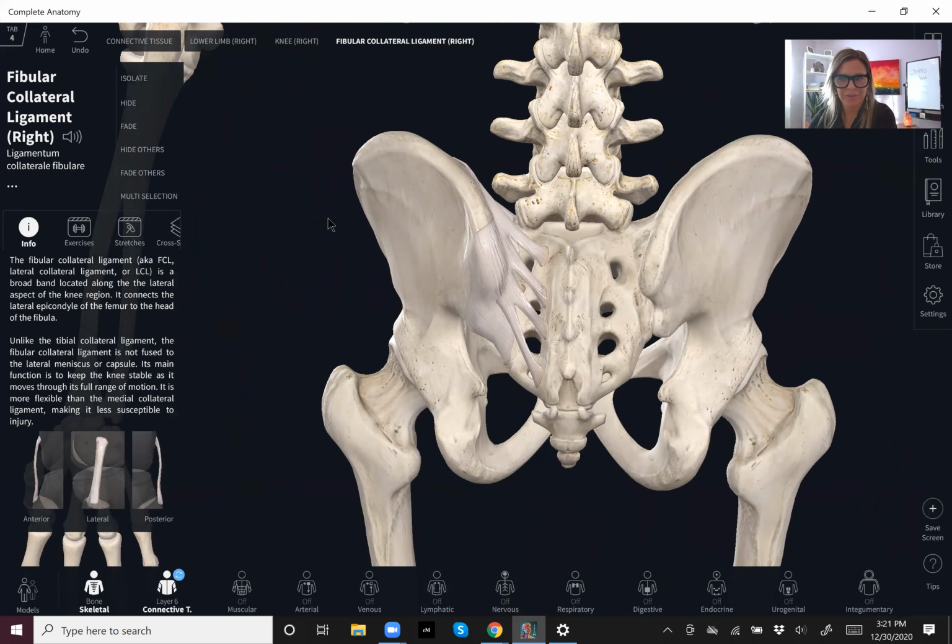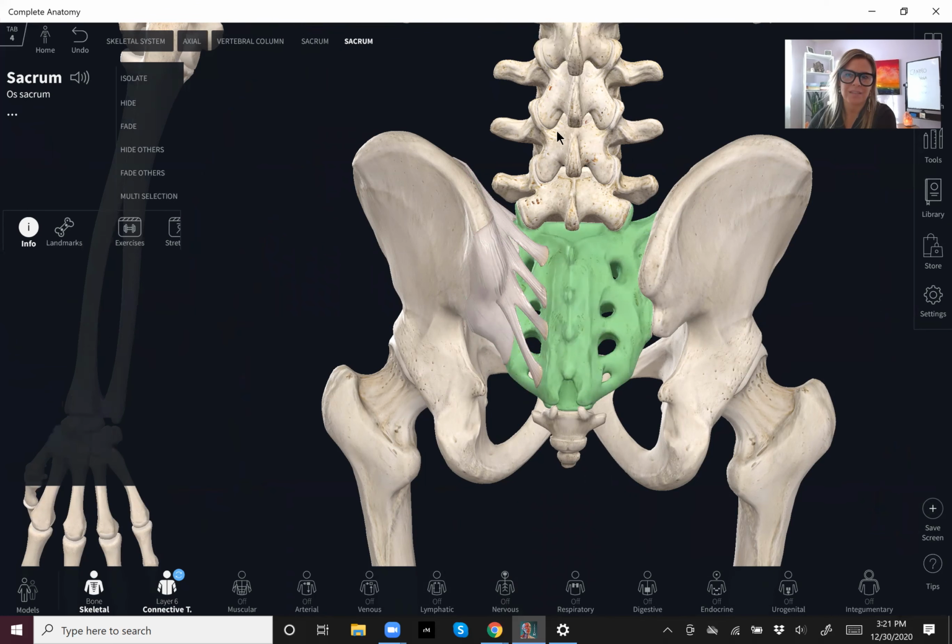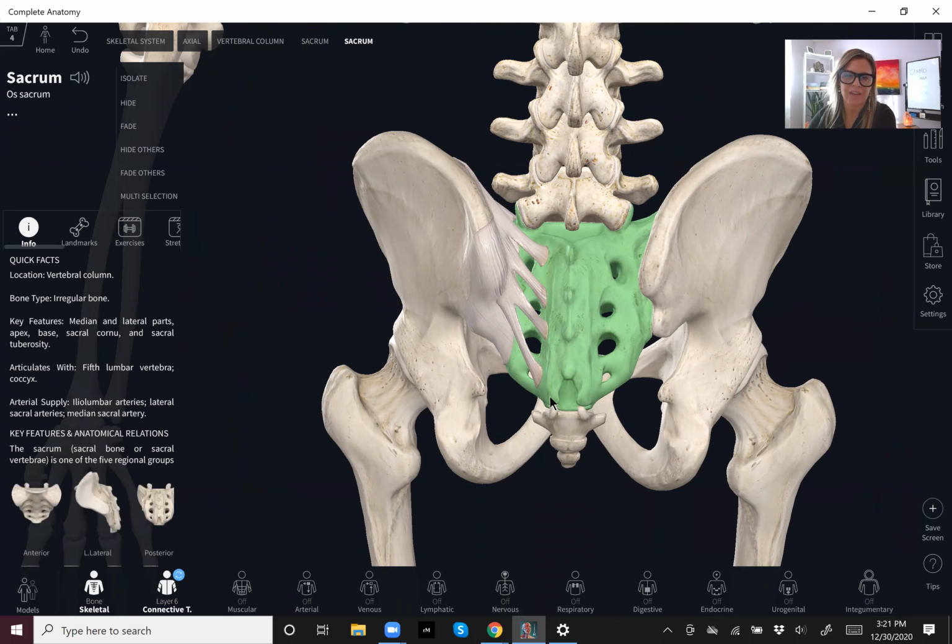So again, you don't have to know the bones just yet. We're going to review them, but know that down here, so this is, let me just highlight this guy. So here is the base of the spine. This is the sacrum. This is 5 fused bones, and we'll go over that in the next couple of videos. And the sacrum sits in between the hip bones.